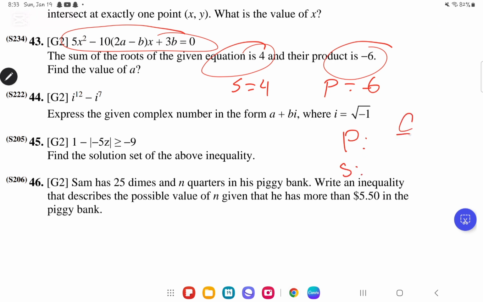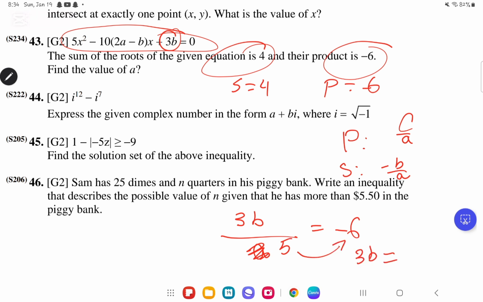We know product is C over A, whereas sum is minus B over A. We know that C is 3B, so 3B, which is C, over A is equal to the value of the product, which is minus 6. So we know that A is 5. If we move it to the other side, 3B is equal to minus 30. So then the value of B is equal to minus 10.